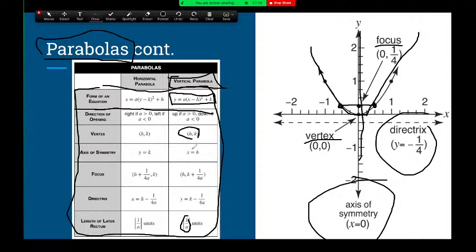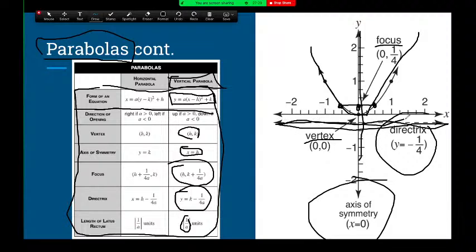The axis of symmetry is right here for vertical parabolas. Here's the focus, this point right here. And the directrix is the equation of this line, the dashed line that you can see right here.